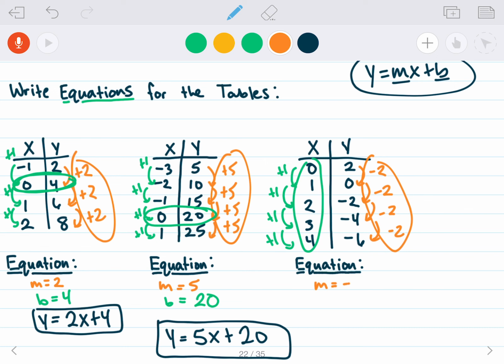Because as x increases, y decreases. My y-intercept occurs when x is 0. So when x is 0, I see that right here. When x is 0, y is 2. So my b is 2. And therefore, my equation is y equals negative 2x plus 2.